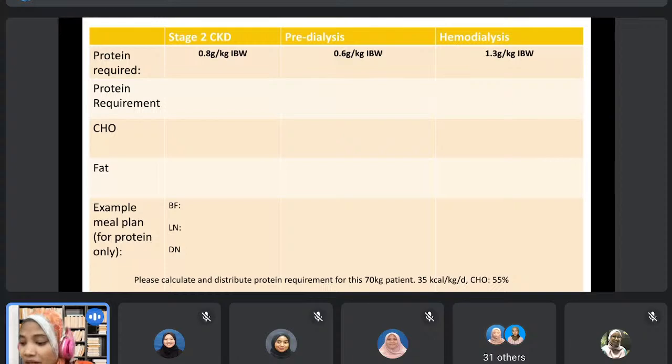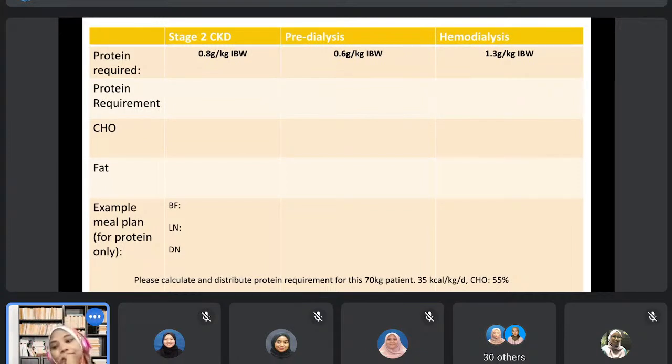Ada sesiapa yang sebilik dengan dia? Ni hadir ke tak hadir kelas ni? Dia macam nak kira fat. Kalori fat tu bahagi dengan total kalori. Okay, I'll take note on that.